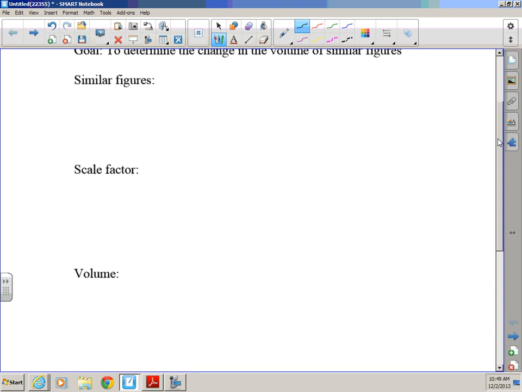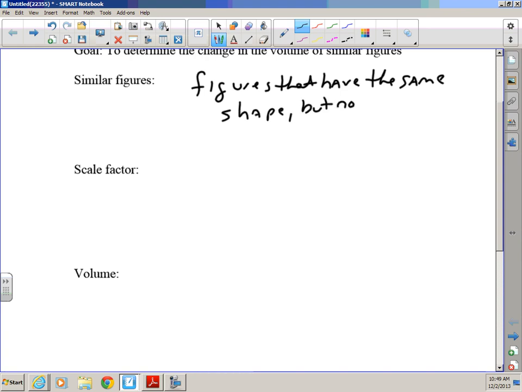So similar figures are figures that have the same shape, but not the same size.